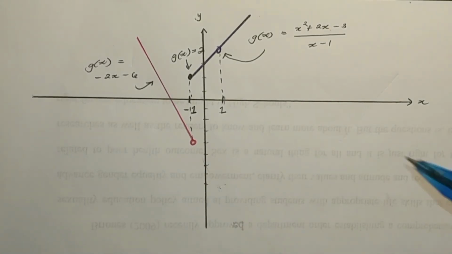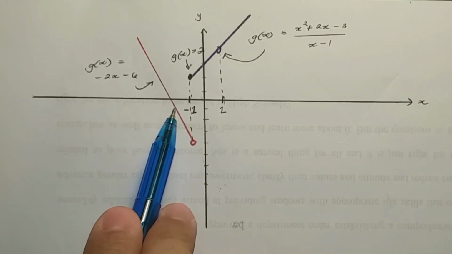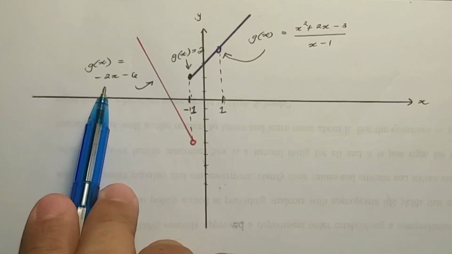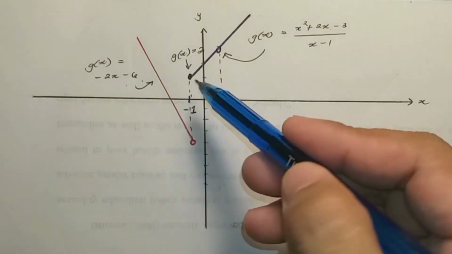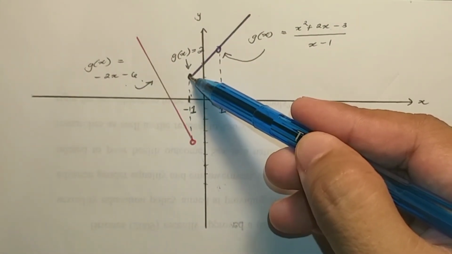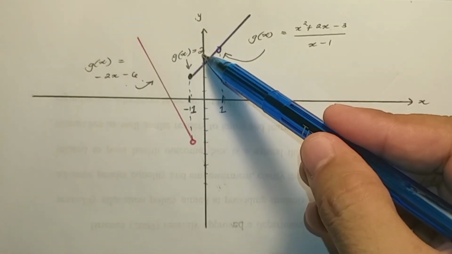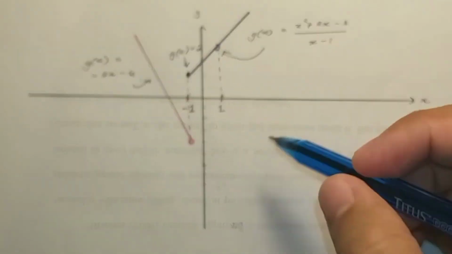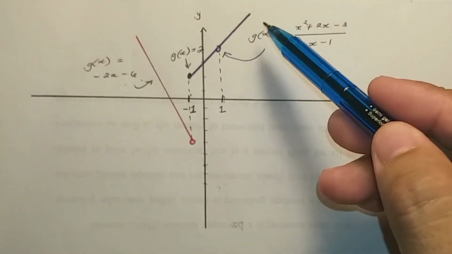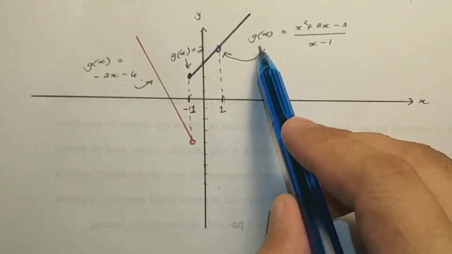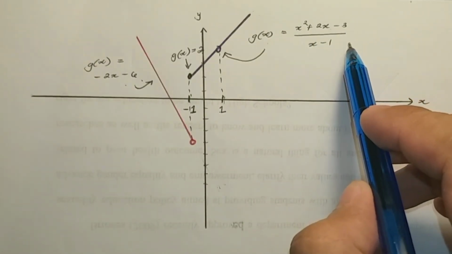As we can see, the red part is the graph of g of x equals minus 2x minus 6, and this dotted point here corresponds to g of x equal to 2, and finally this violet line here corresponds to the graph of g of x equal to x squared plus 2x minus 3 all over x minus 1.